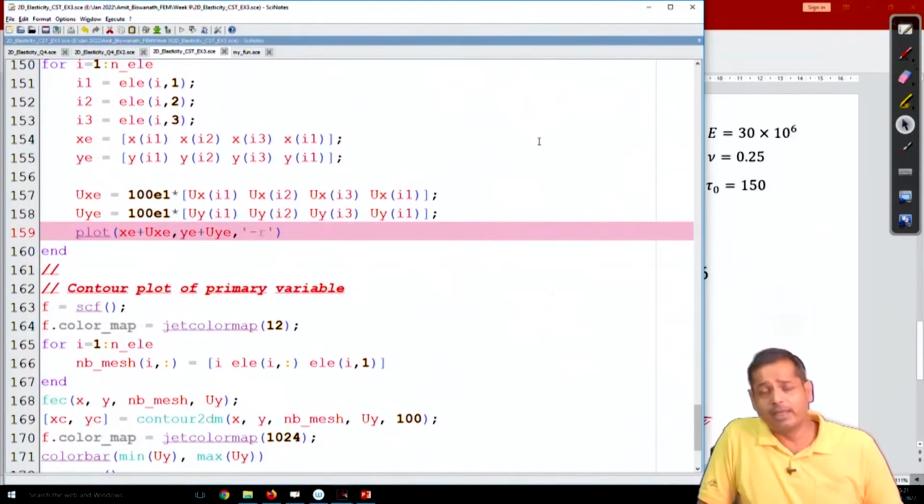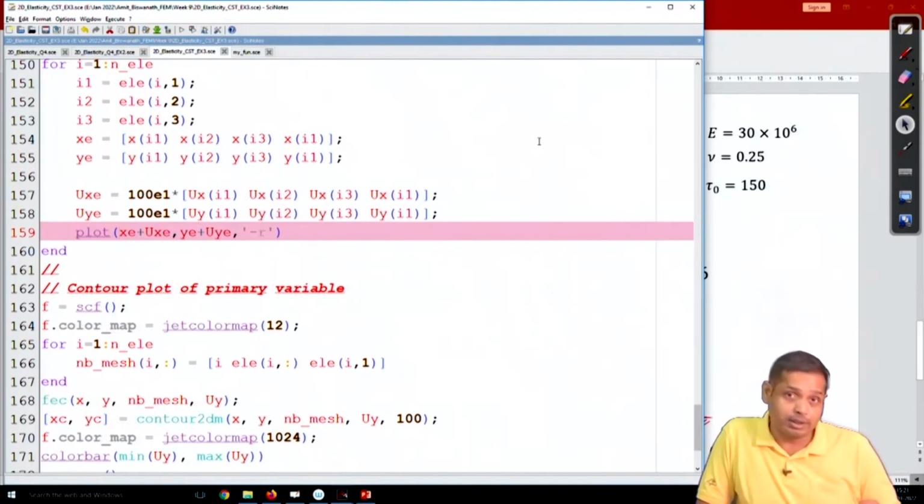Computation of stress requires the derivative of the shape function, and for the kind of shape function we have used here, the global continuity is C0, meaning the function is continuous but the derivative is not continuous. So naturally at the inter-element boundary these derivatives are not continuous, and therefore the stresses computed with these derivatives will not be continuous at the inter-element boundary.